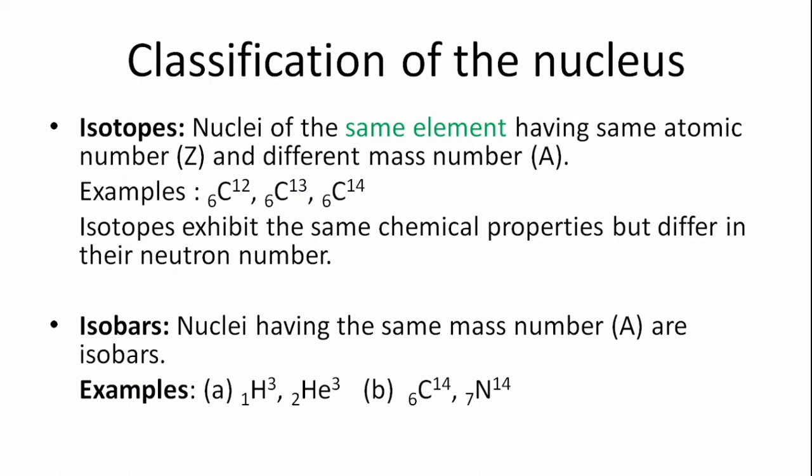So the only difference is their mass numbers are different, and these isotopes have the same chemical properties.